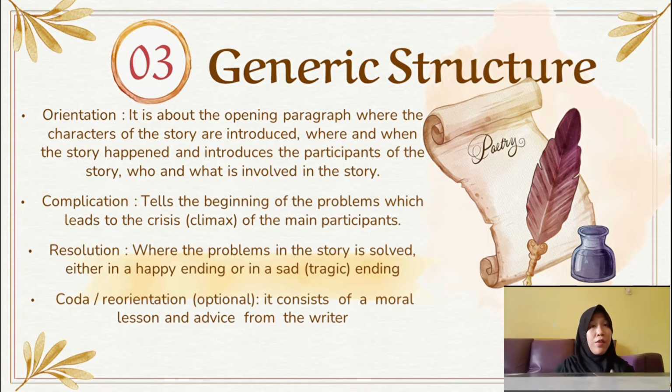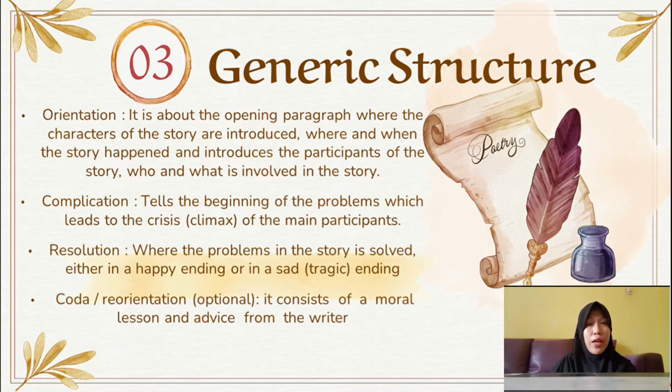Then, after orientation, the second part in narrative text is complication. It tells the beginning of the problems which lead to the crisis or the climax of the main characters. After complication, the characters find the solution for their problems.